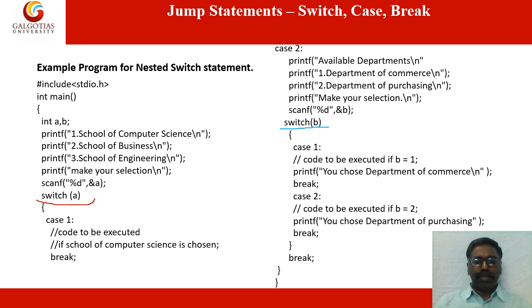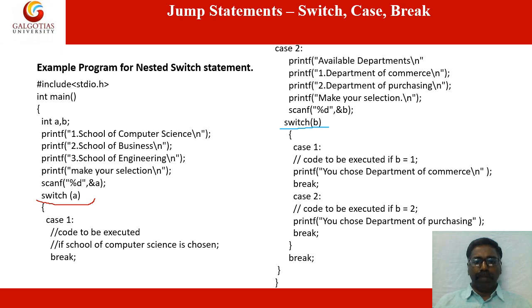Available departments, Department of Commerce, Department of Purchasing will be printed, and then ask the user to make this selection here. Now the user is going to enter some value. This numerical constant value now will become an option for switch B.